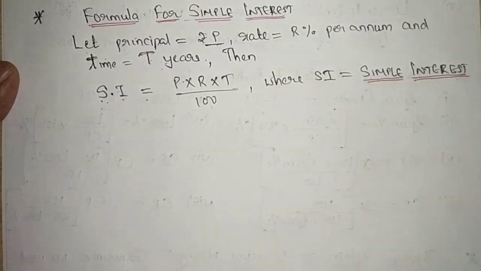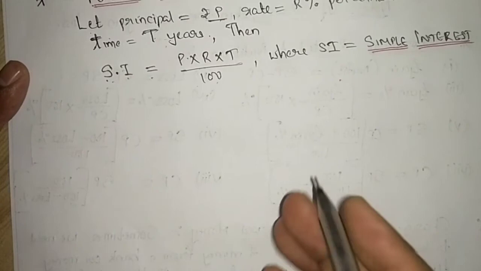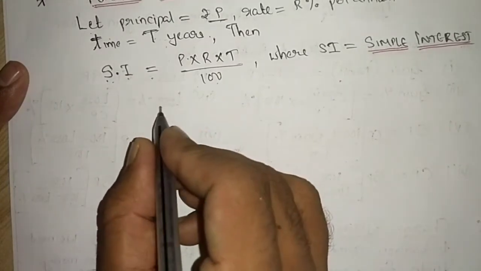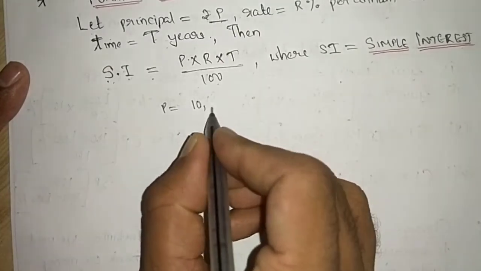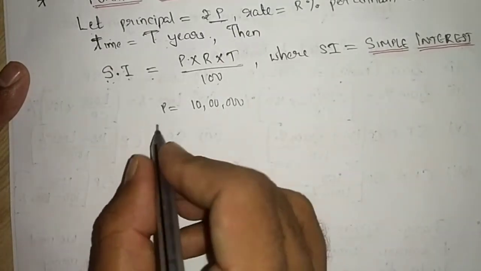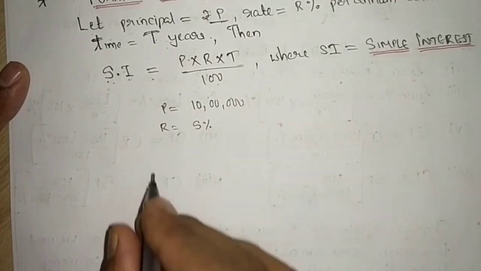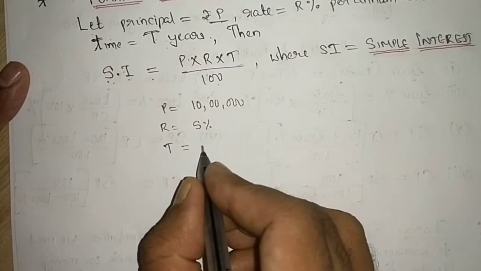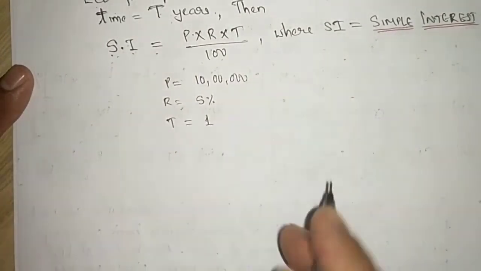What is SI? SI is simple interest. Let me calculate the simple interest to show you an example. Principal is, let's suppose, 10 lakhs. Rate of interest is 5%, and the time period is 1 year. It may be 10 years also, but I am taking 1 year.